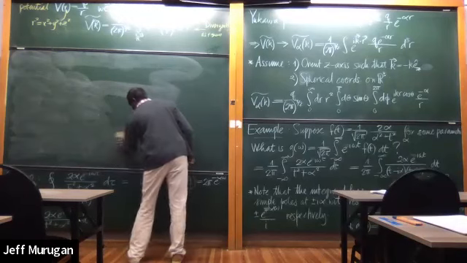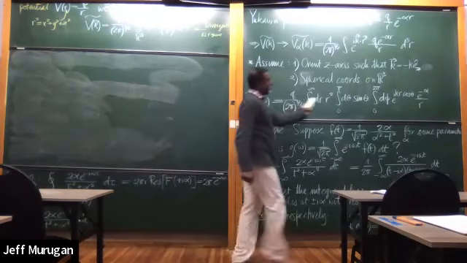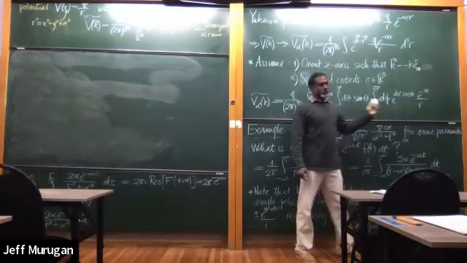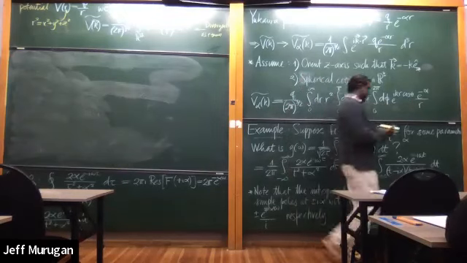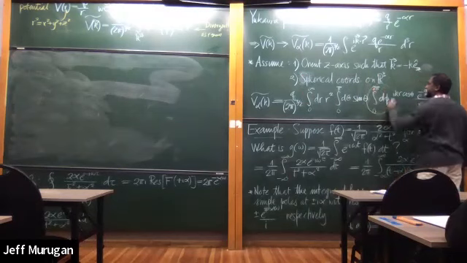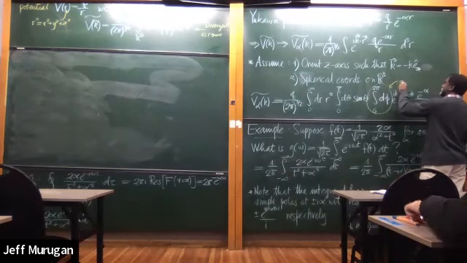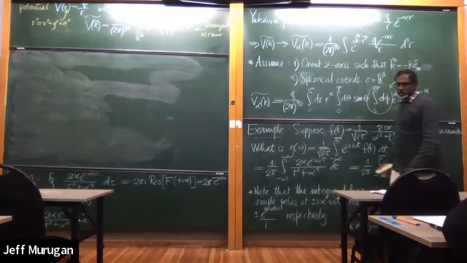So notice the following. Firstly, there's no phi dependence in this integral, which means that the phi integral is trivial. It just contributes 2 pi.